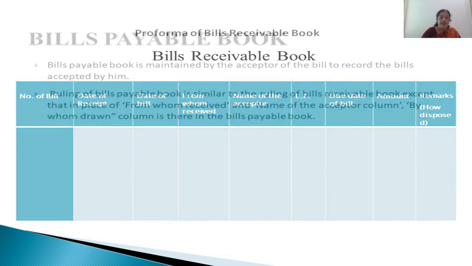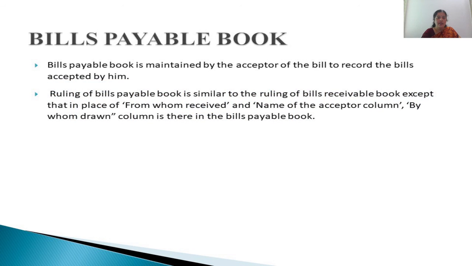In the same way, there is one more book called bills payable book, which we have to maintain in case we happen to be the purchasers for certain credit purchase transactions. We call it bills payable because for certain transactions we happen to be the purchasers, that means purchases which we have done on credit.